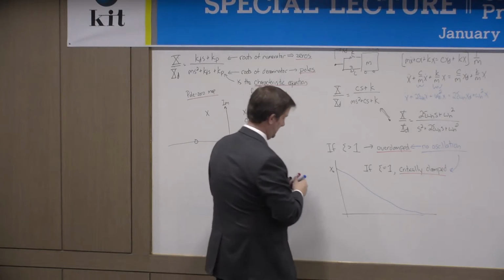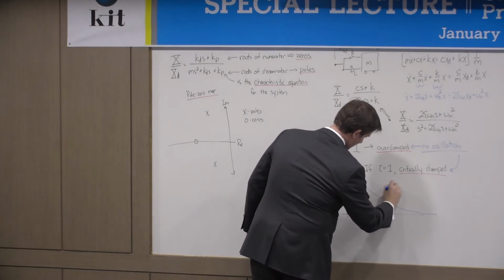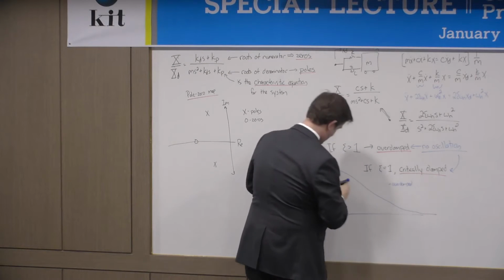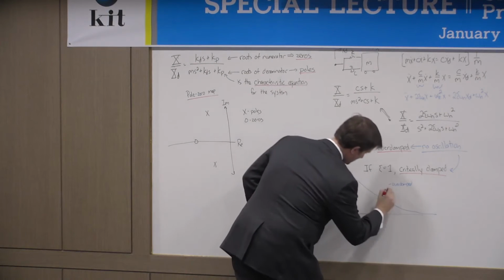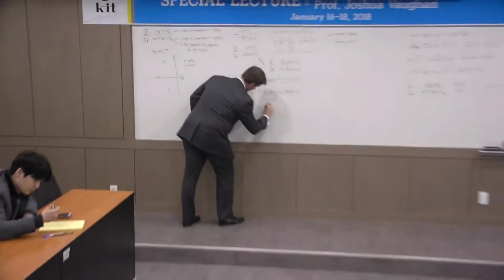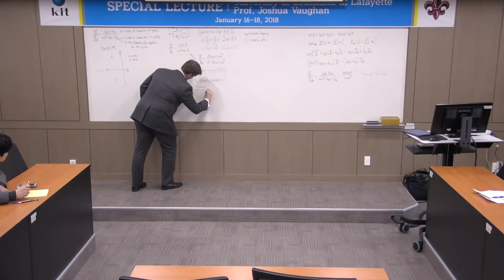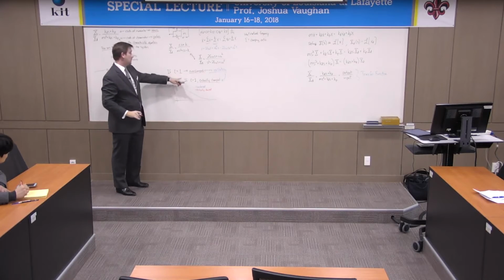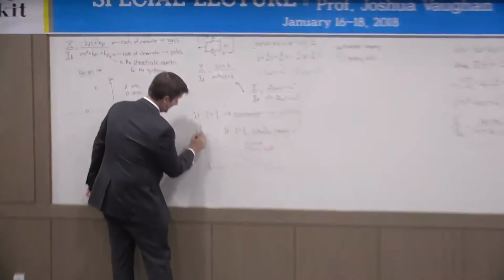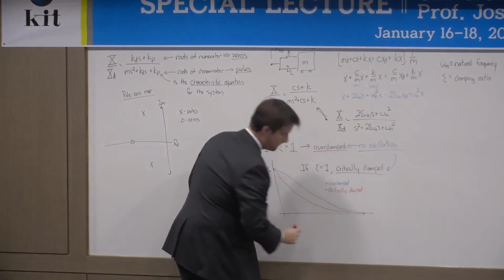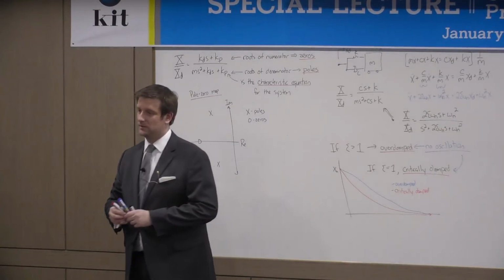So maybe this is overdamped, and zeta can be 1 exactly. It's a little bit less, so it could be faster, but it's kind of the same response, no oscillation.